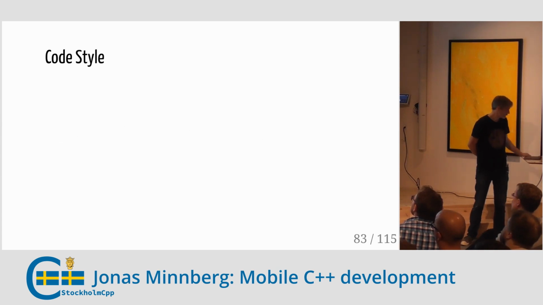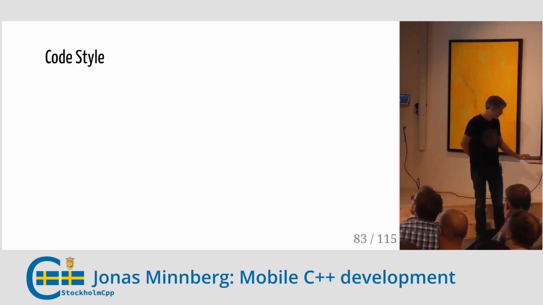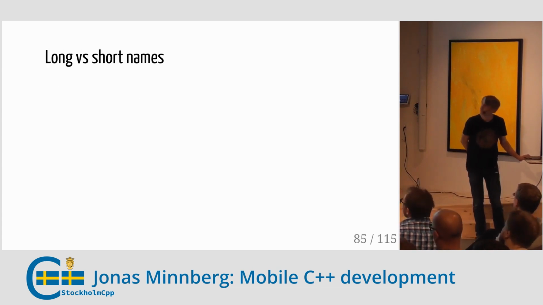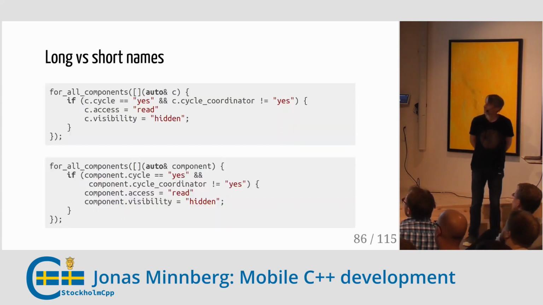Code style. Okay, this is maybe even a bit more random. Two things that I want to talk a little bit about: naming and formatting. So naming, long versus short names. I'm curious here, who prefers the first version and who prefers the second version?